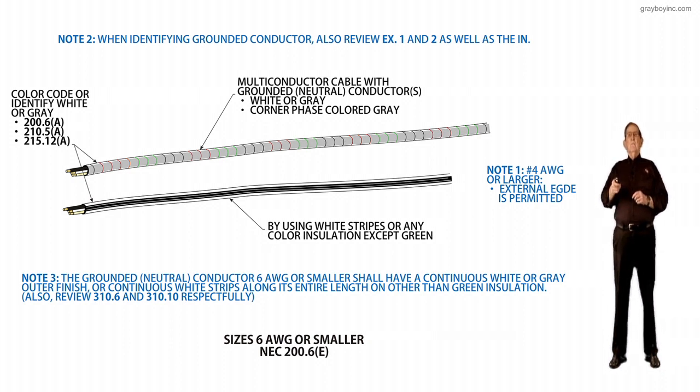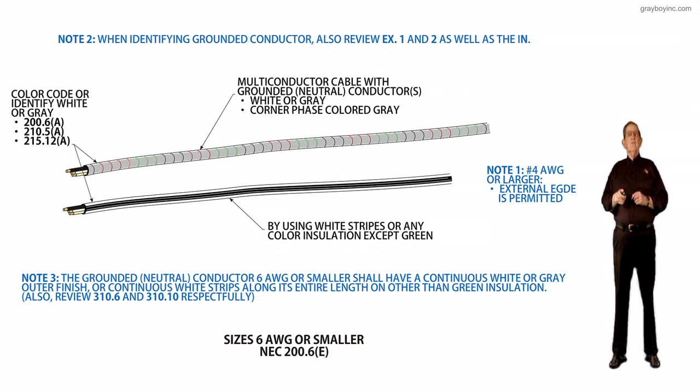Secondly, let's look at the information above this multiple conductor cable at the top, and notice the call out is multiple conductor cable with grounded or neutral conductors, white or gray, corner phase colored gray. Either one of those would identify it.